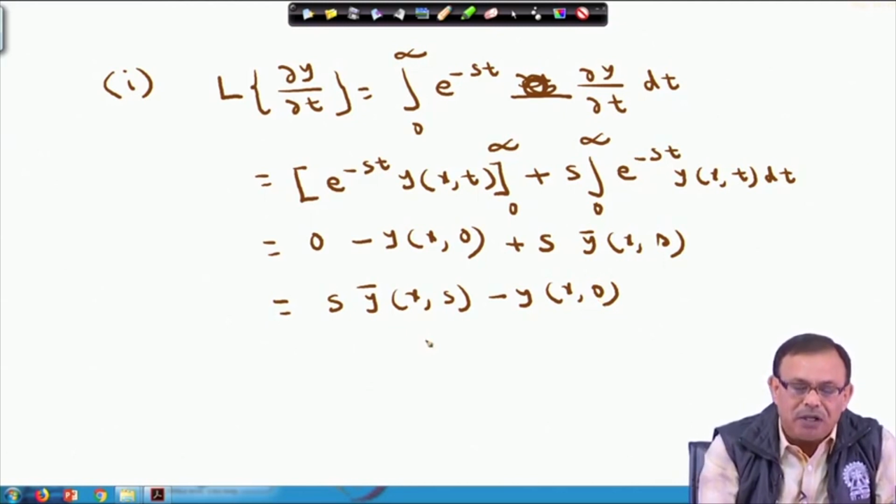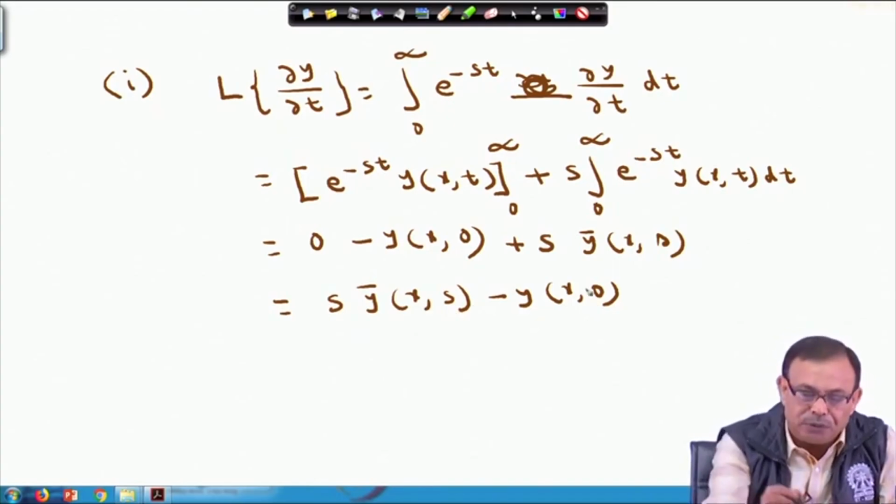So, I think it is clear that Laplace transform of ∂y/∂t equals s y bar(x, s) minus y(x, 0).